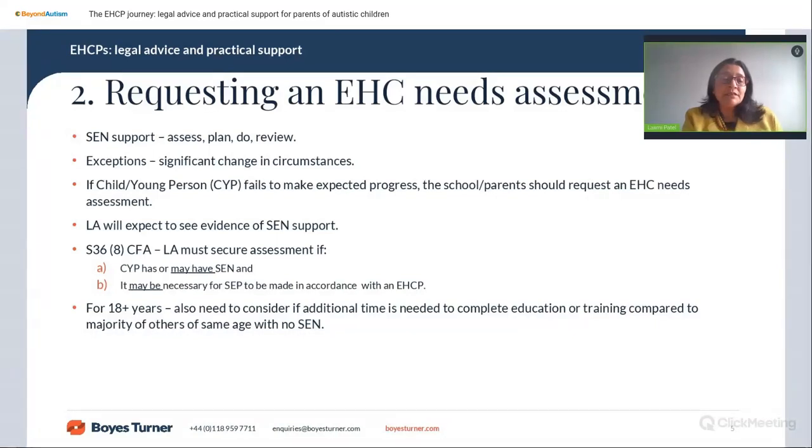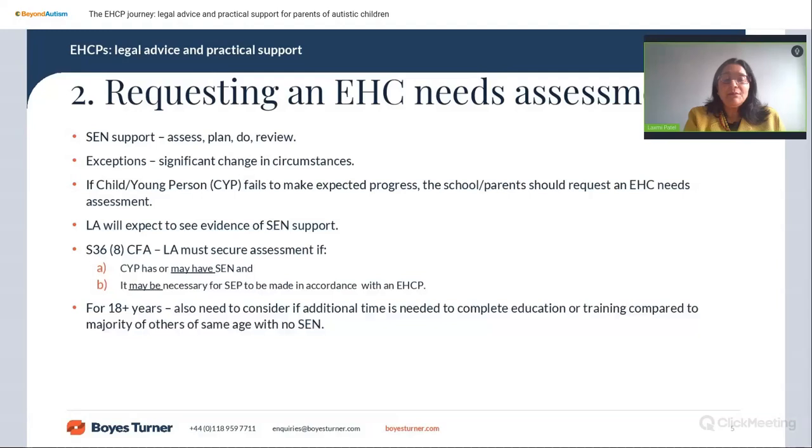The second part is where it may be necessary for special educational provision to be made in accordance with the plan. And that is usually the one that parents fall short, where parents have to show evidence, or the school has to show evidence that the support that's been put in place, or that the child or young person needs, is beyond that which a maintained mainstream school would be able to provide from within its own budget.